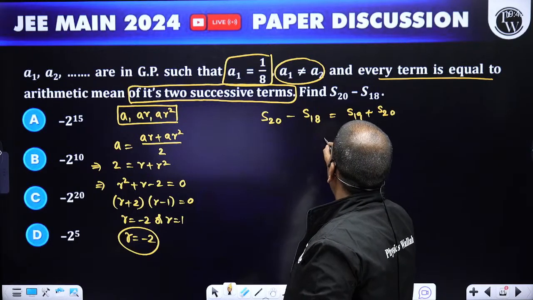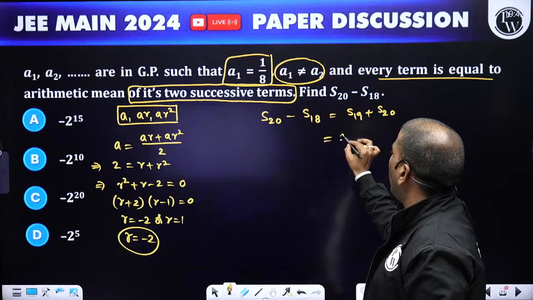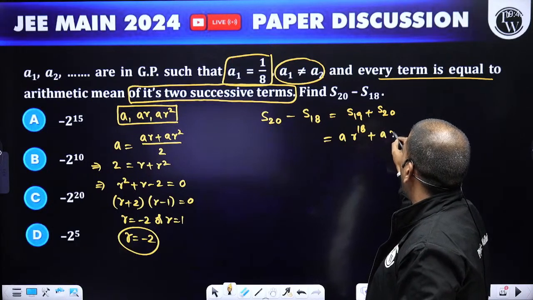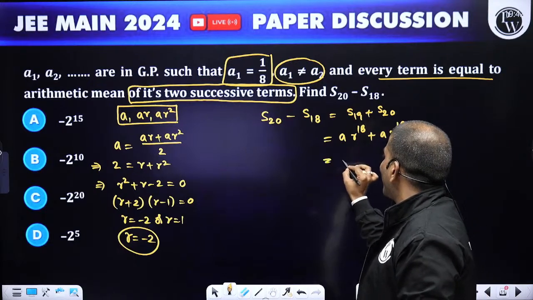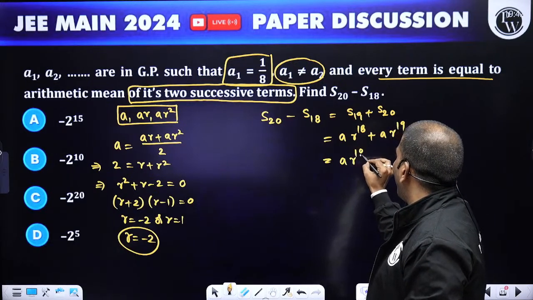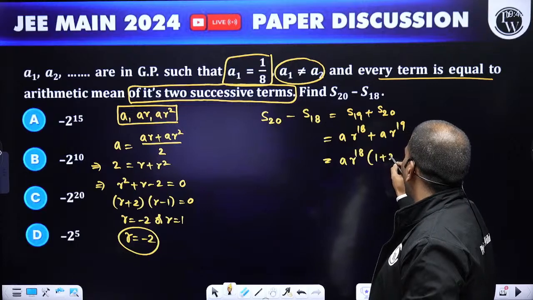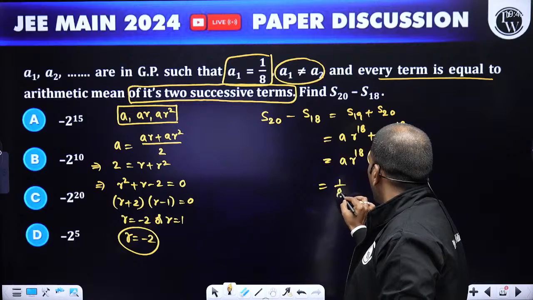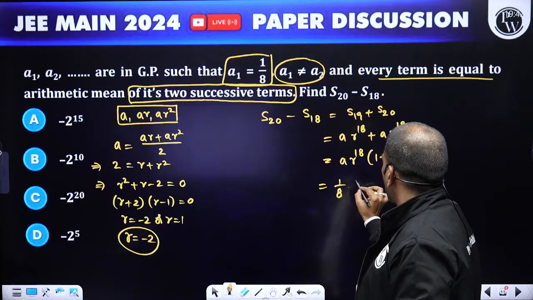So why unnecessarily make all these things? A times R power 18 plus A times R power 19, so this is A times R power 18 and 1 plus R. What is A? 1 by 8. What is R? R is minus 2.